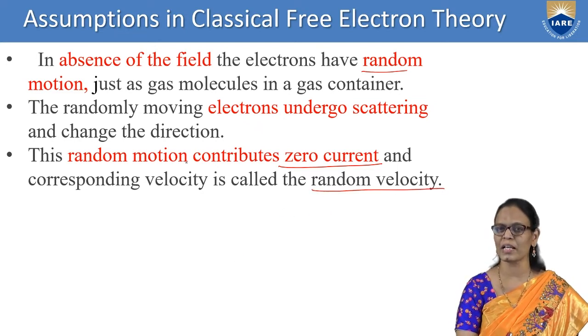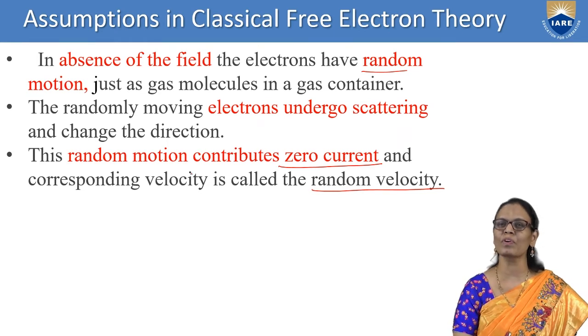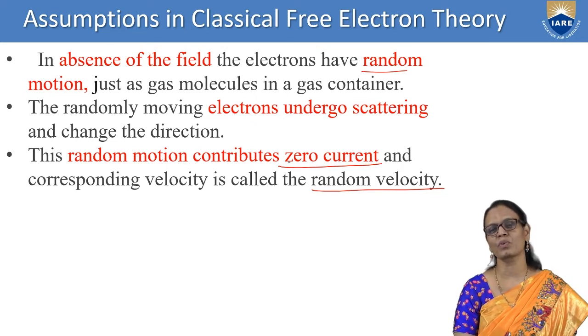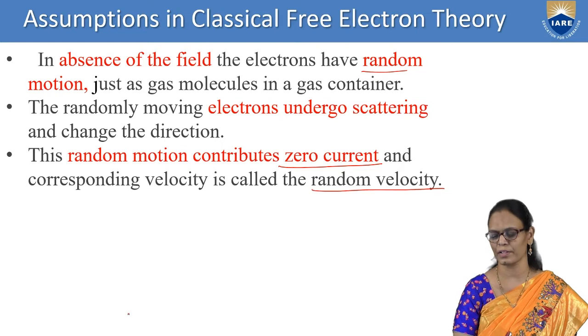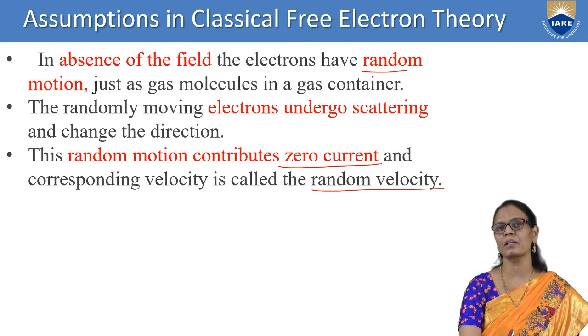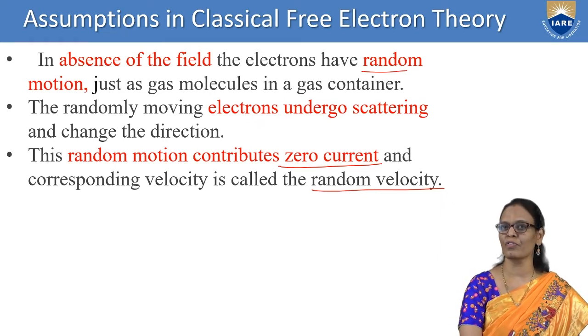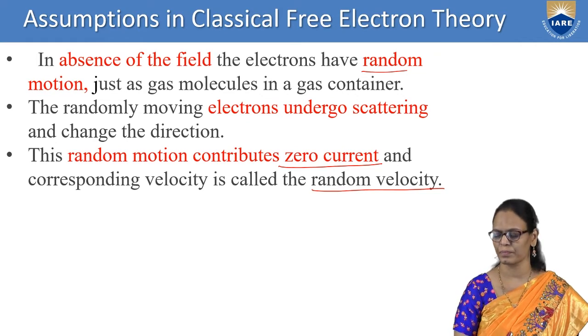Because the motion is in random directions, the electrons are not moving in a particular direction, so it does not give rise to current. They may cancel out. What we can conclude here is that only in the presence of an applied field do we see current, and when there is no field the current is zero.